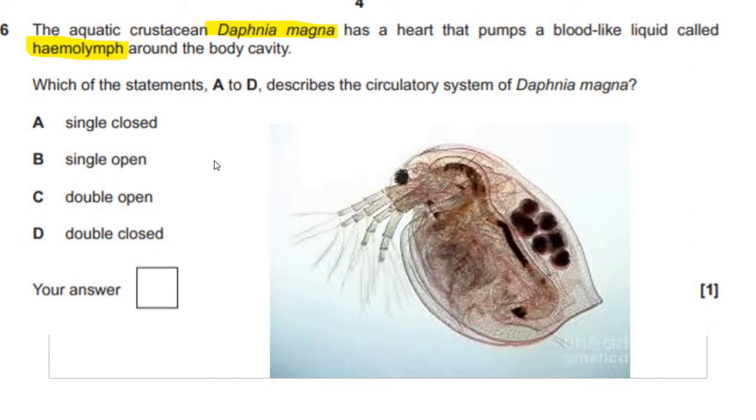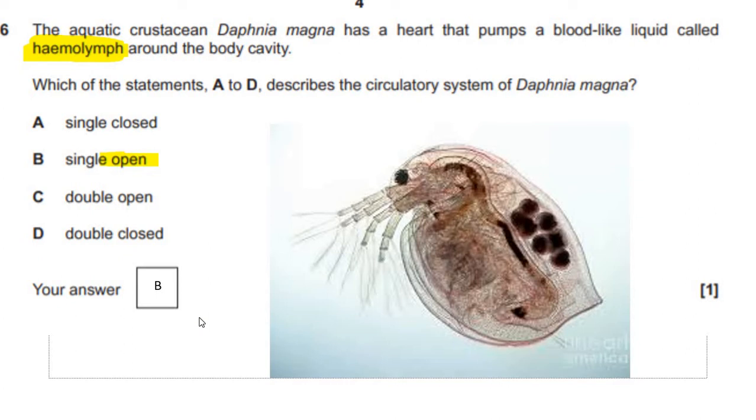So, which of the statements is true about the circulatory system of the Daphnia magna? Okay, so it's single open. The key point here is you should have applied the knowledge you have about insects, that they have these single open transport systems. Open means that the tissues are directly available to the transport medium that's going around the body.